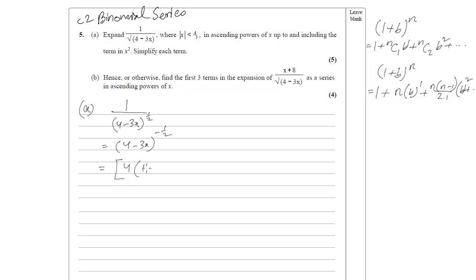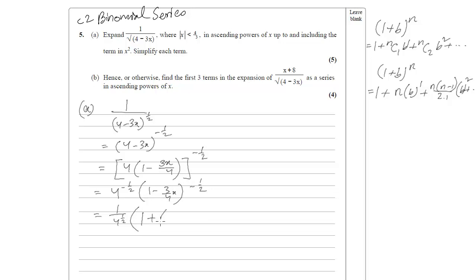This becomes 1 minus 3x by 4, and the whole thing is to the power minus half. That means 4 to the power minus half and 1 minus 3 by 4x to the power minus half. So 4 to the power minus half means 1 by 4 to the power half, or 1 by square root of 4, and this we can start breaking down.